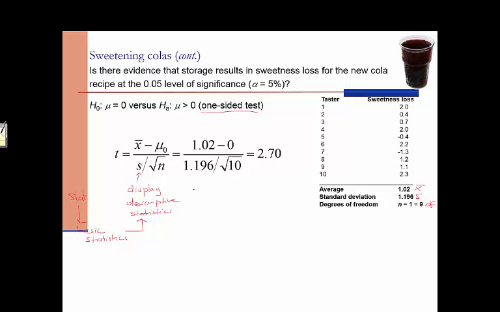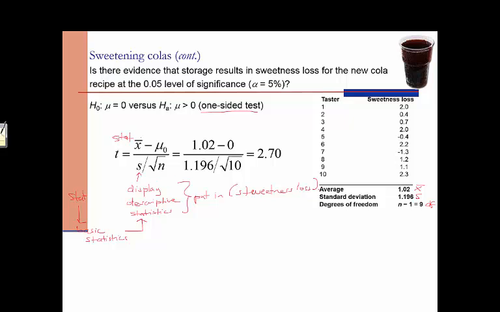And you put in the variable that you want, so in this case, sweetness loss. That column of data that you typed up, and Minitab will give you back the mean, the standard deviation, sample size, all of that information. So once you have that, you can go ahead and compute the t-stat.